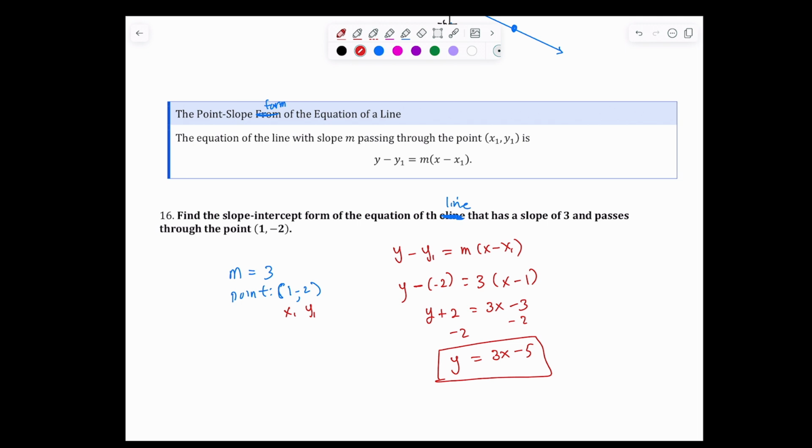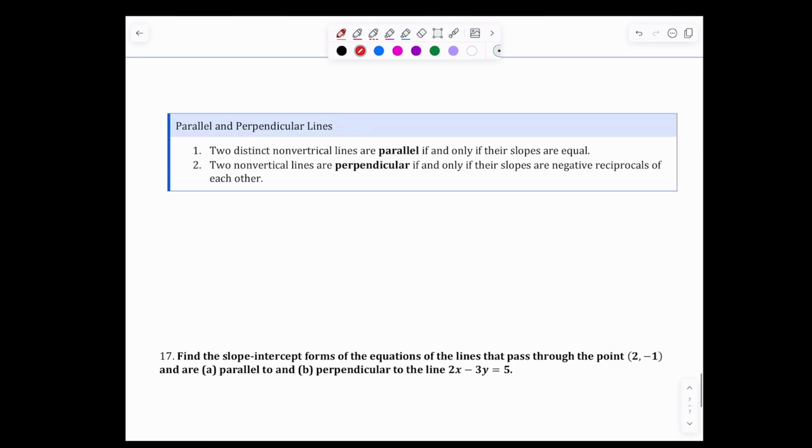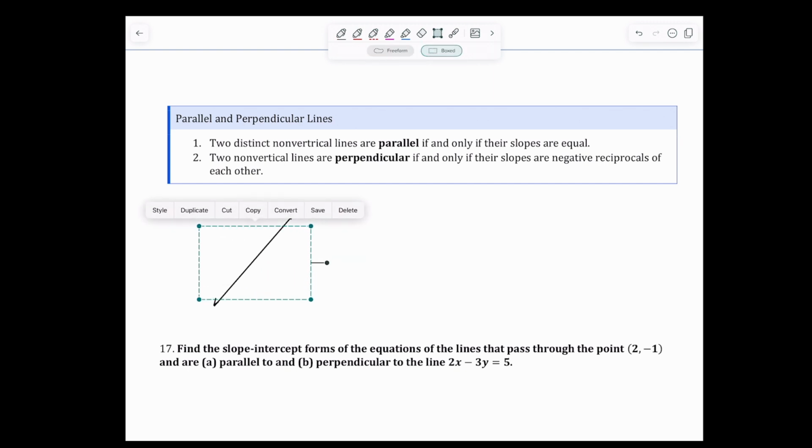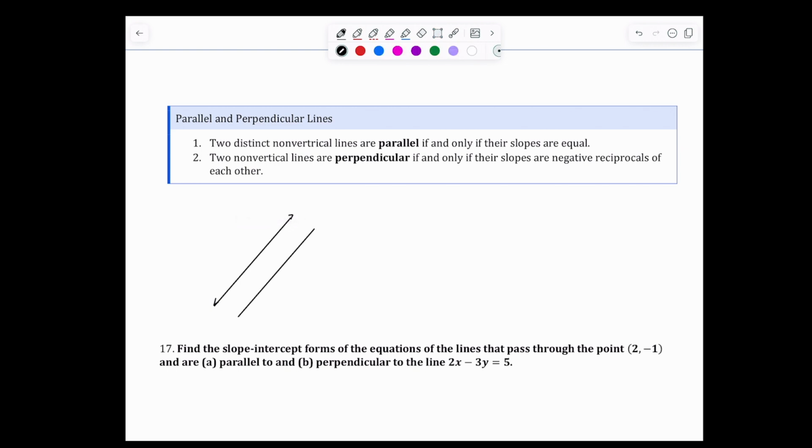Next concept here is parallel and perpendicular lines. Two distinct non-vertical lines are parallel if and only if their slopes are equal. If you have one line that's slanted like this, and another line that does the same thing at the same slope, this is line 1 and line 2.